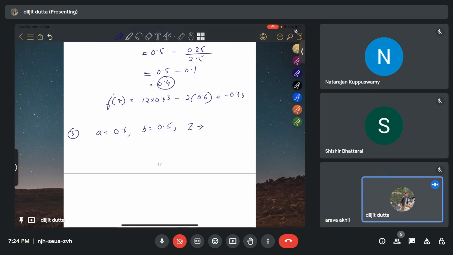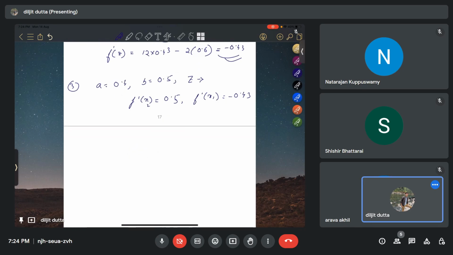So for this z also, f dash x2 we have is equal to 0.5, f dash x1 is equal to minus 0.43, which we already evaluated, and so we will calculate z.